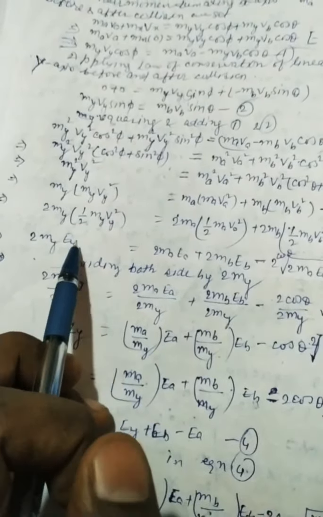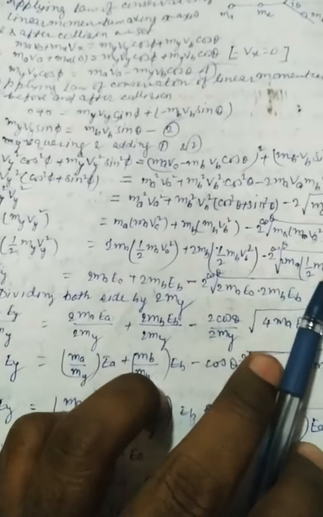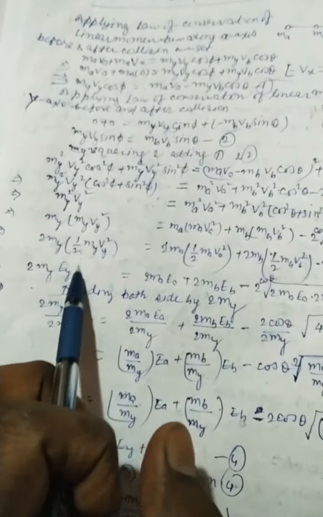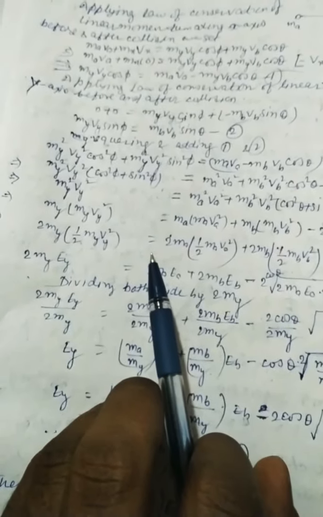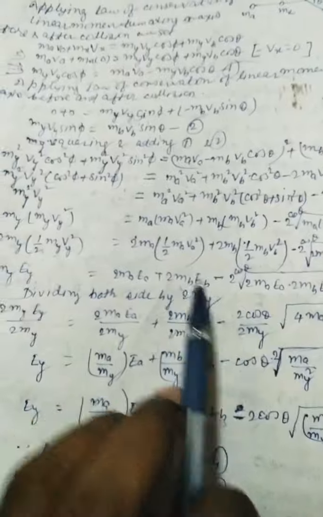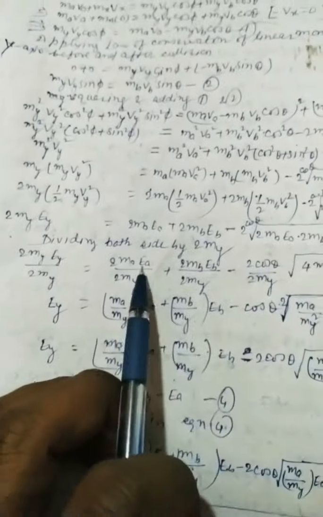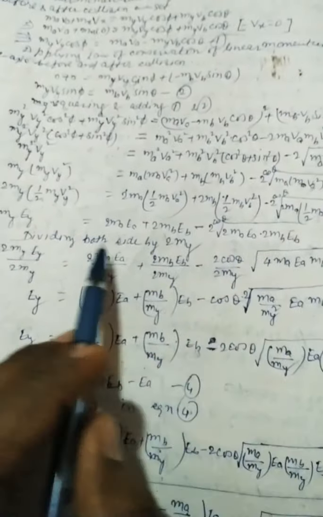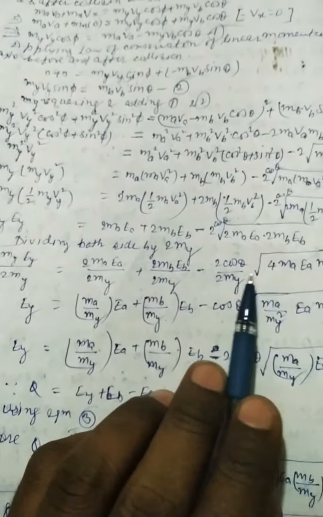Also here we multiply and divide by 2. Now 2 MY EY is the kinetic energy component of the Y particle. Similarly, we get 2 MA EA plus 2 MB EB minus 2 cos theta under the root of 2 MA EA times 2 MB EB. Now we divide both sides by 2 MY.